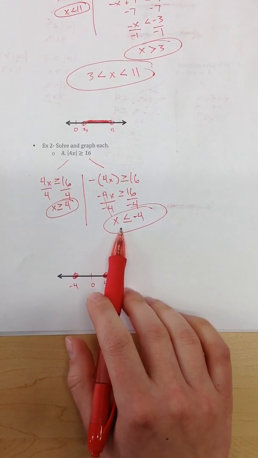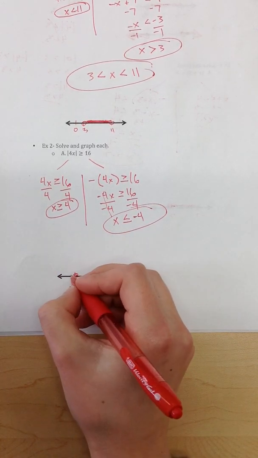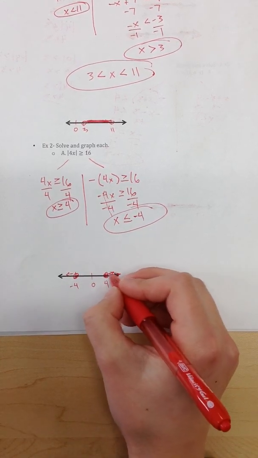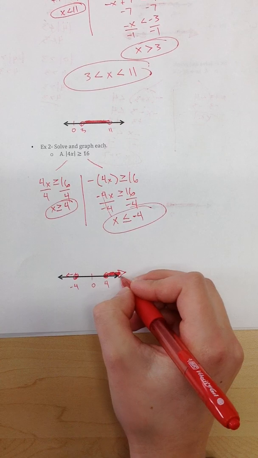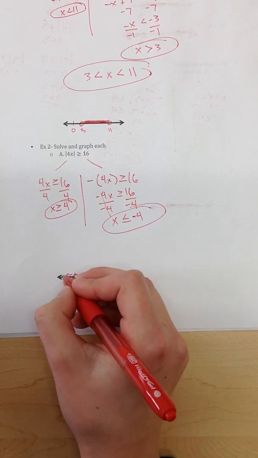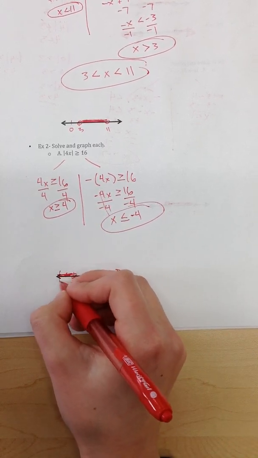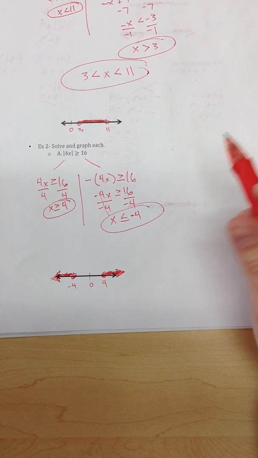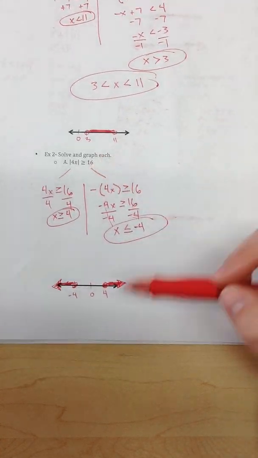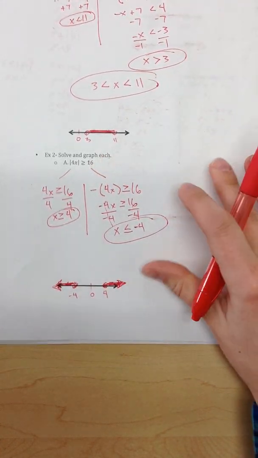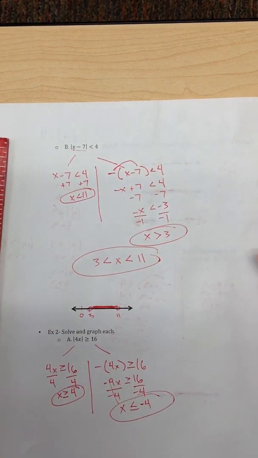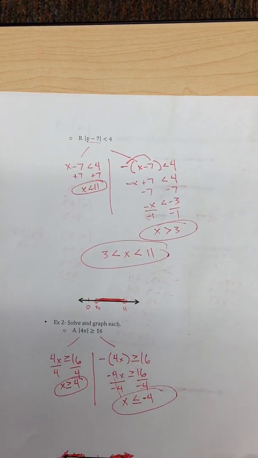Numbers that are less than or equal to negative 4, so going that way. So this time when I do my shading, I'm going to have the middle open on this, and one of them is going to be going off to the right, and one of them will be going off to the left. So you might have some like that as well. Typically your ones that are greater than here are going to be going in opposite directions, and your ones that are less than are going to the middle. That's typically how those work.